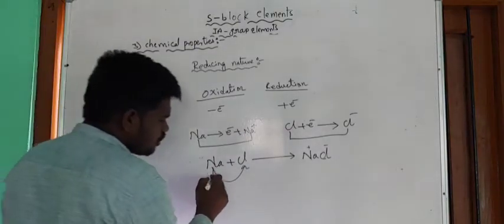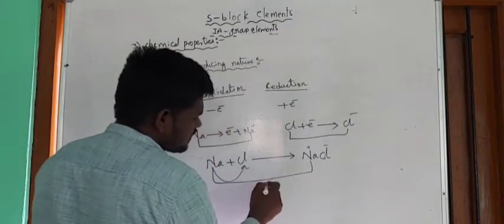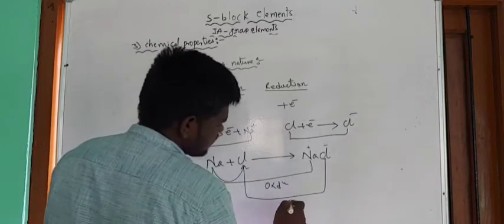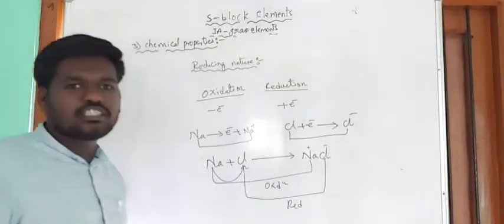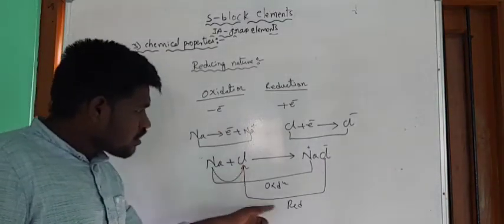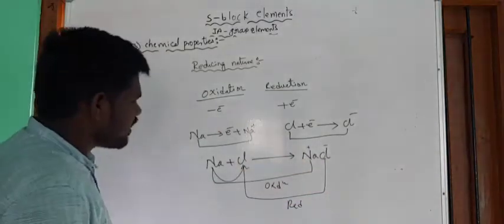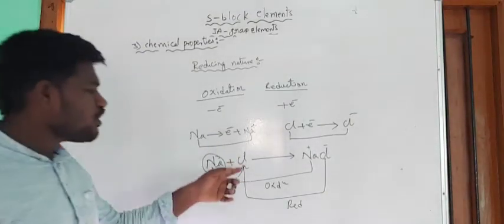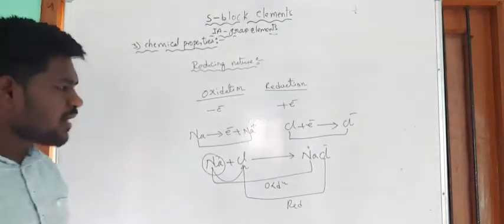So which process is oxidation and which is reduction? To reduce the chlorine, who is responsible here? Sodium. Sodium is giving the electron to the chlorine and chlorine is reduced to Cl minus.